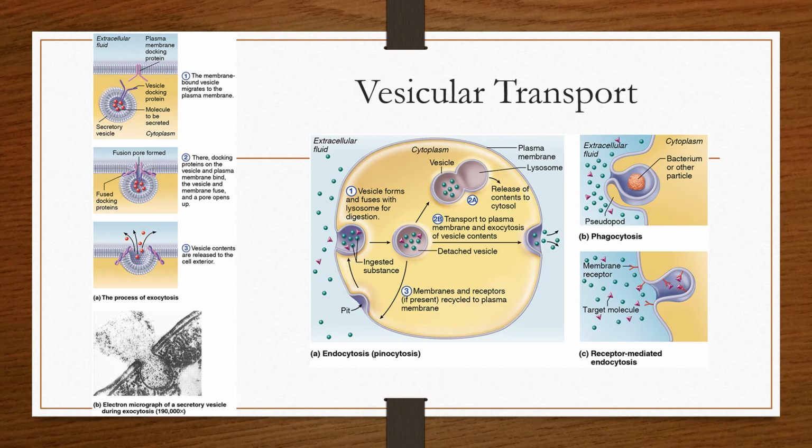And then receptor-mediated endocytosis. It's the main cellular mechanism for taking in specific target molecules. Receptor proteins on the plasma membrane bind exclusively with certain substances. Both the receptors and high concentrations of attached target molecules are internalized in a vesicle, and then the contents of the vesicle are dealt with in one of the ways shown in this figure.